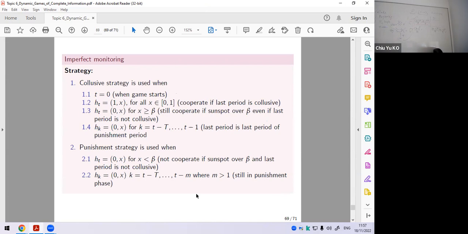When you do punishment, it is based on some public signal, the sky, which we observe at the same time. Look at the sky: both you and your opponent see it. If the sky is bright, we forget the past. If the sky is not good, we go to the bad state.